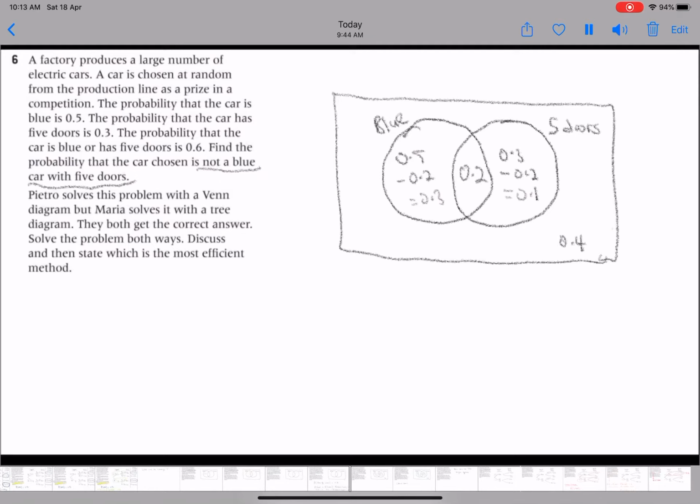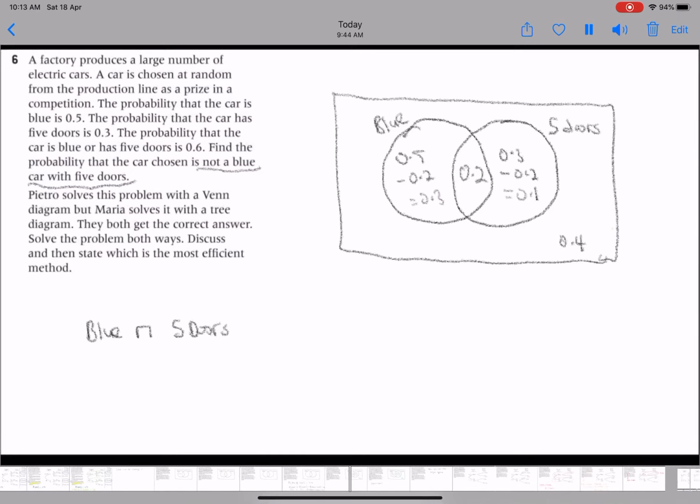So let's answer the question. The probability is not a blue car with 5 doors. Okay, we shall go with this interpretation. If it is wrong, I will update you later. So blue with 5 doors is simply blue intersect 5 doors, because I want blue and I want 5 doors. The word "and" is always intersection.